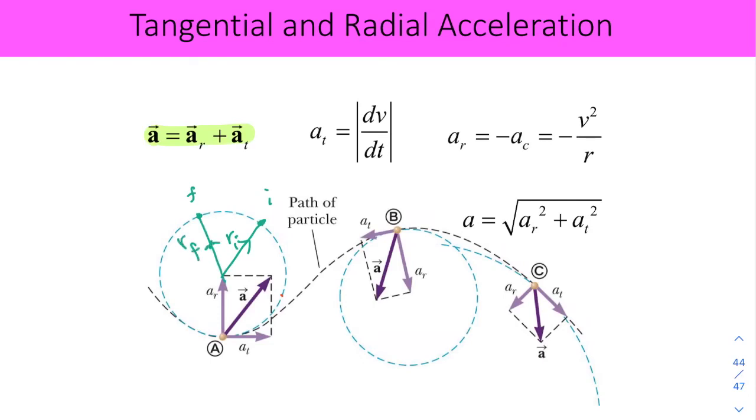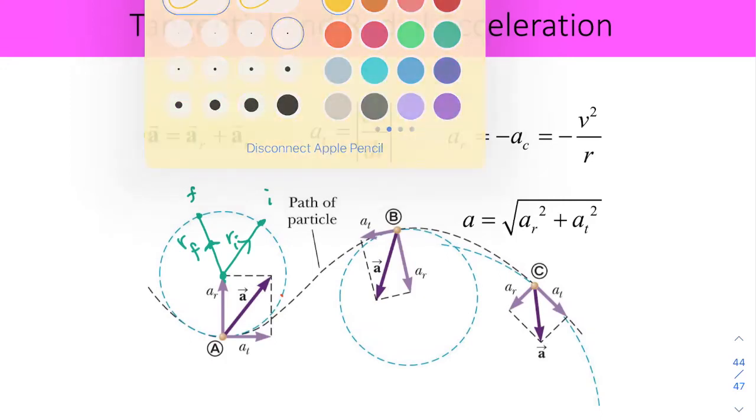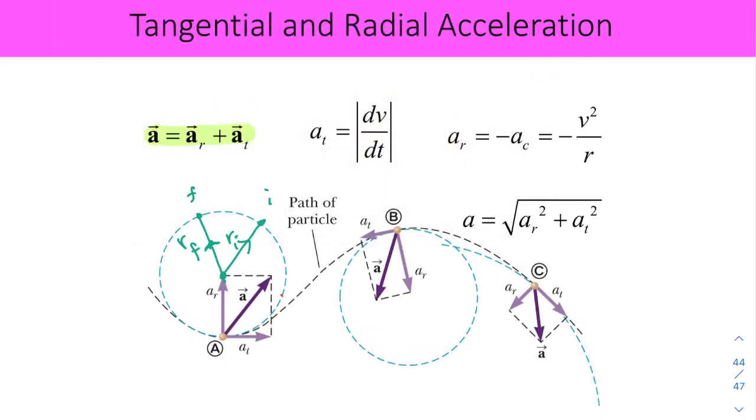You see, the direction of the r is always away from the center of the circle, whereas the direction of the ar is always towards the center of the circle, right? That is why it has a negative sign.